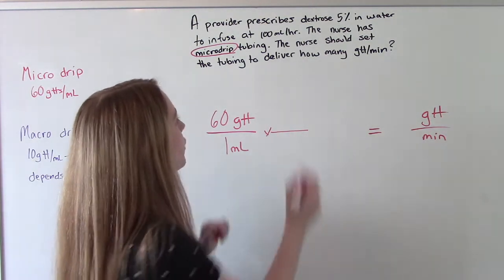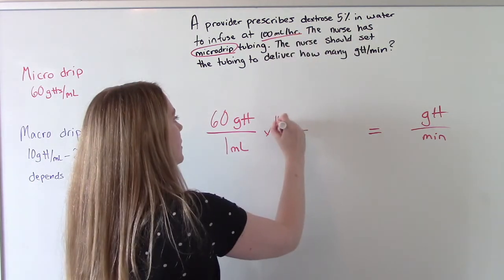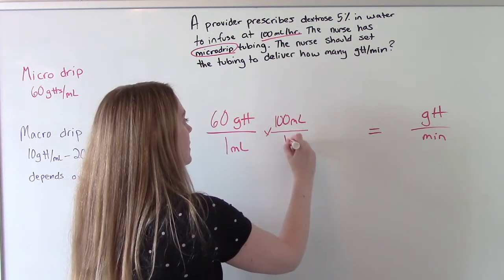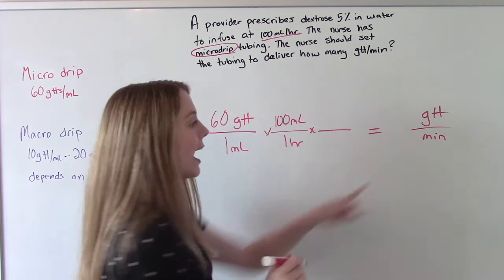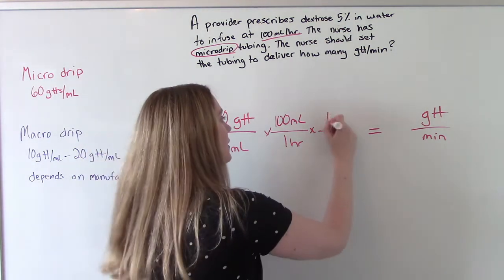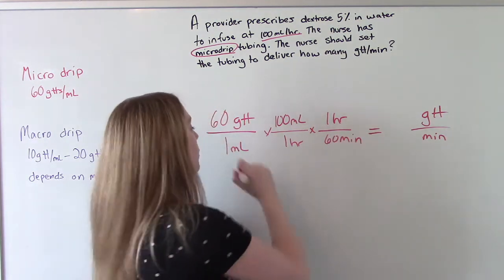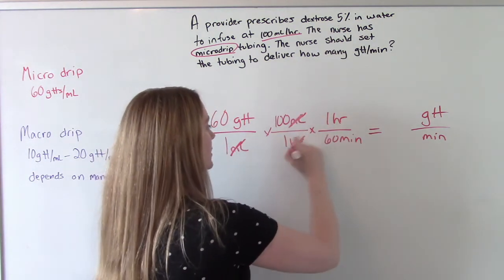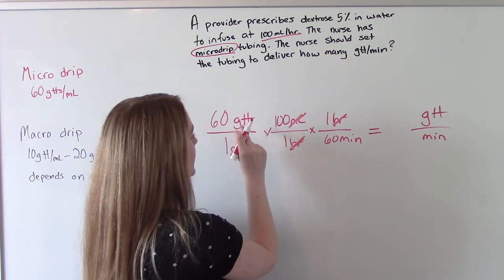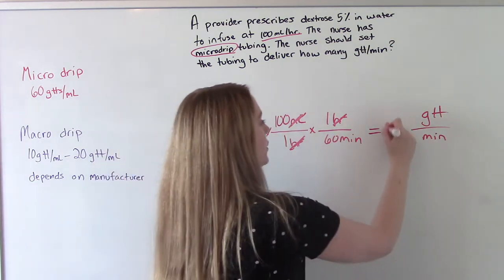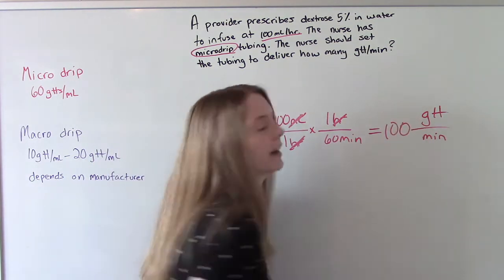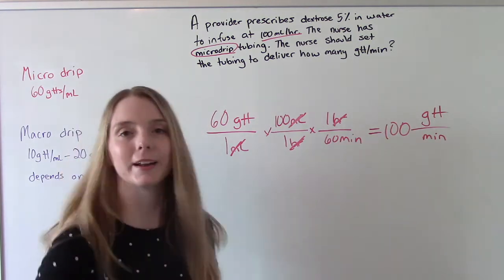So we're going to give 100 mLs per hour. And then we're going to convert hours to minutes. We'll cross out our mLs, we'll cross out our hours. This will leave us with drops per minute. And then if you do the math, you get 100. So 100 drops per minute.